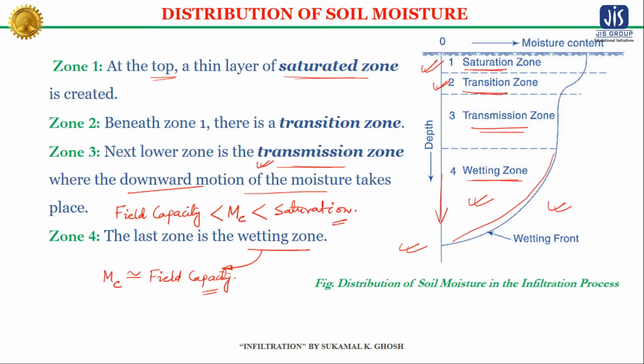The boundary of the wetting zone is known as the wetting front, where a sharp discontinuity exists between the newly wet soil and the original moisture content of the soil. Depending upon the amount of infiltration and the physical properties of the soil, the wetting front can be extended from a few centimeters to meters.